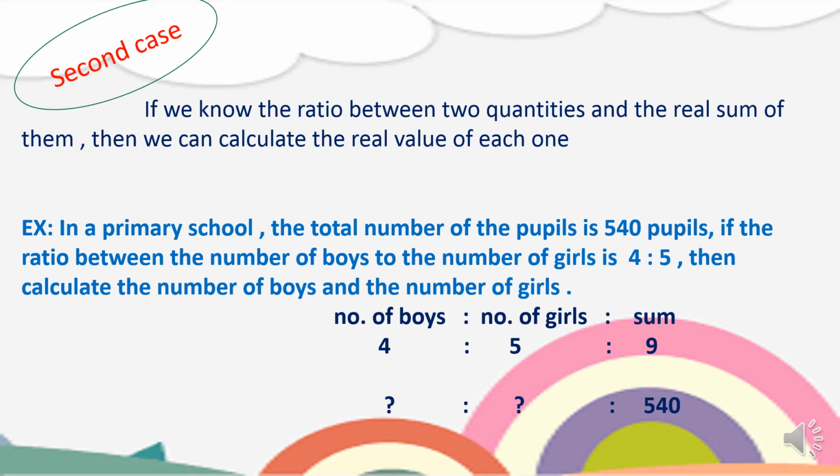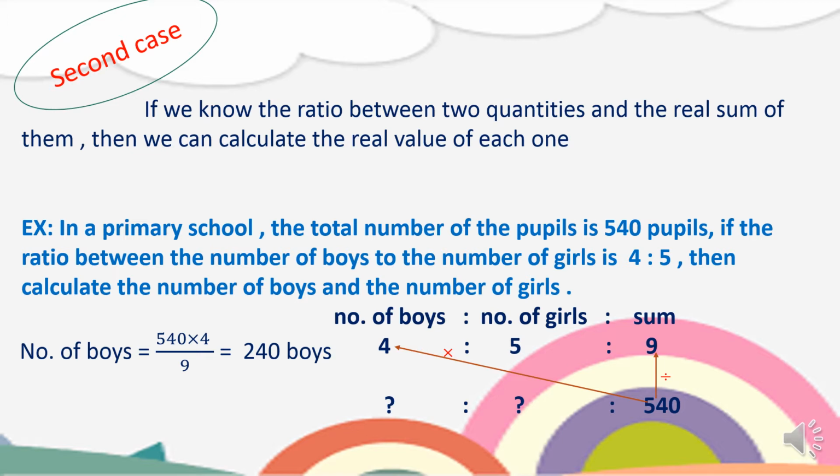So what do I do? We multiply the two numbers facing each other by crossing and divide by the third number. So the number of boys is 540 times 4, the two numbers facing each other by crossing, divided by 9.